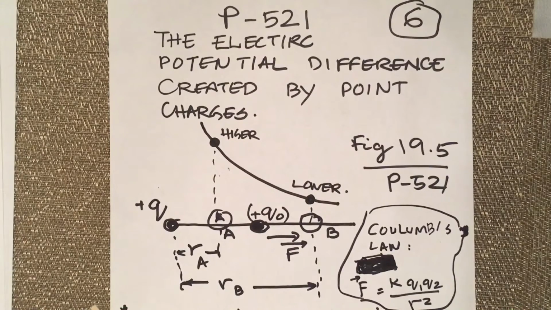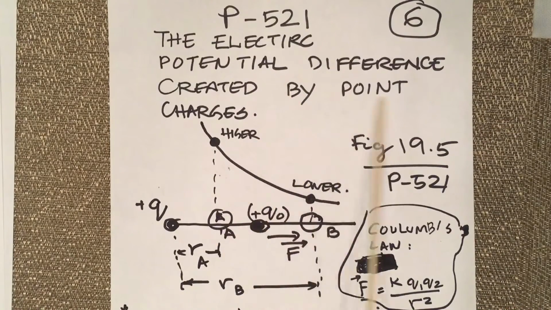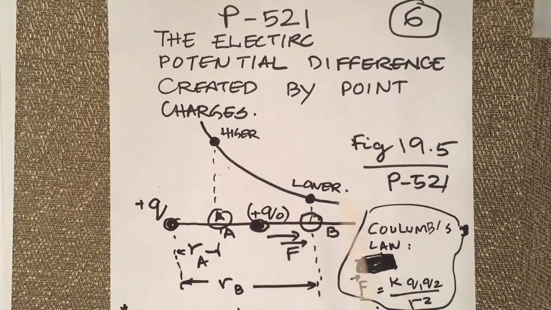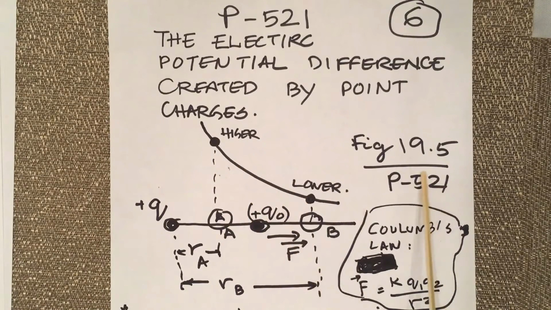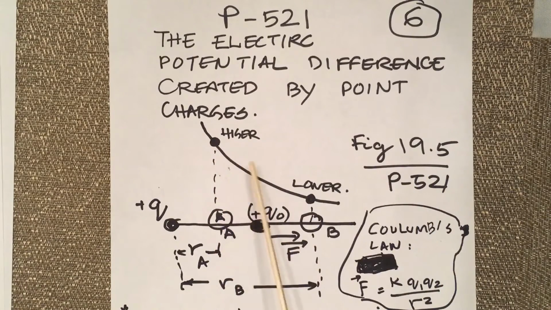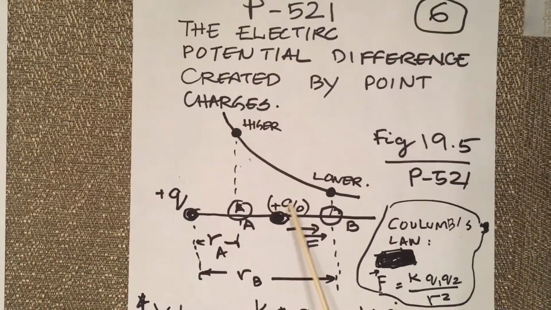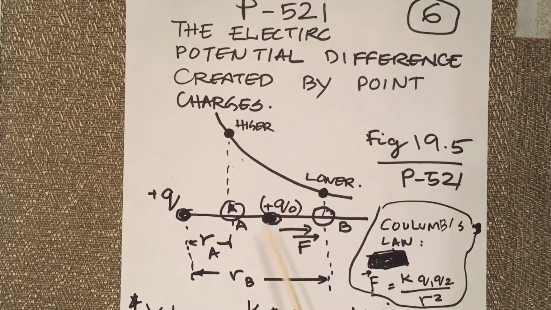Okay, the next topic we are talking about now is the electrical potential difference created by point charges. By point charges, we mean the charge could be a single point, or a single charge could be at 2 different points, 3 different points. Let's see a curve as you see here on figure 19.5. Point A is higher potential, point B is lower potential, and there are 2 charges. One charge is positive Q here, the other charge is positive Q0, which is the test charge.